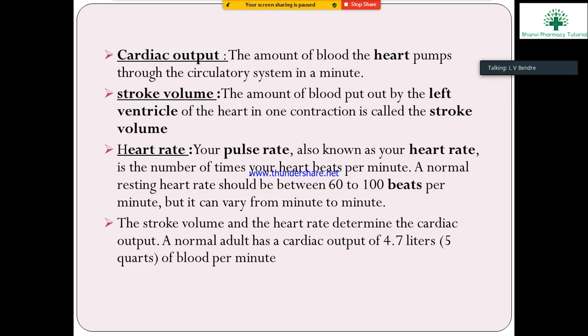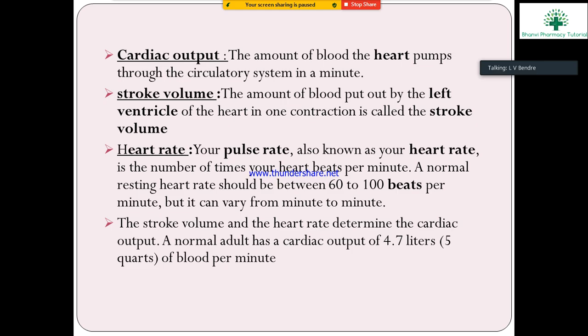A normal resting heart rate should be between 60 to 100 beats per minute, but it can vary from minute to minute. This minute it is 72, next minute 70 to 80, 82, 90, 92. They will differ minute by minute.